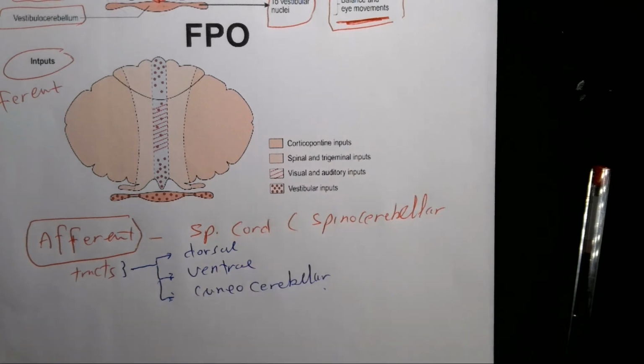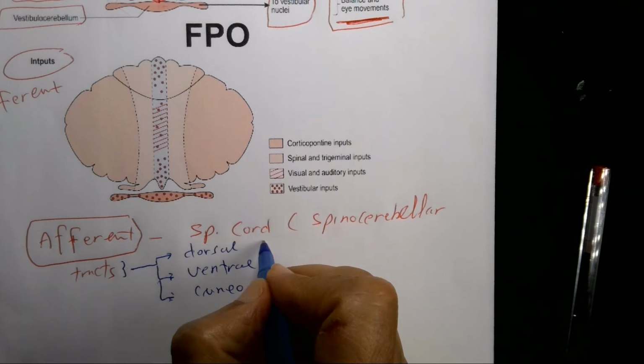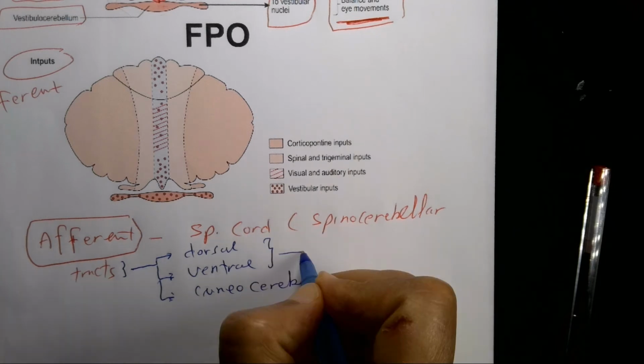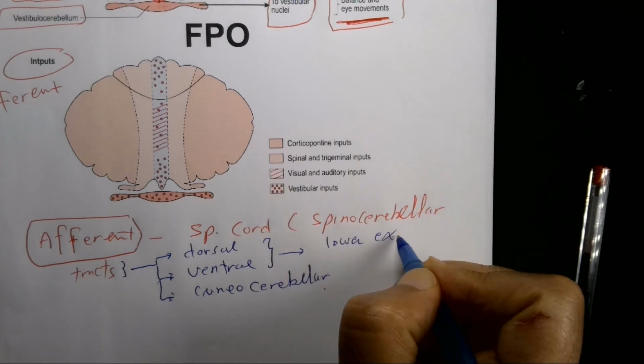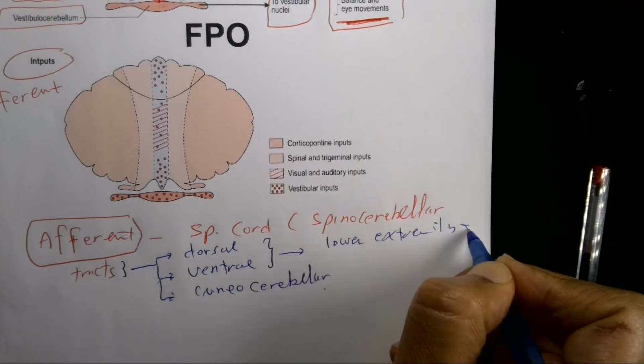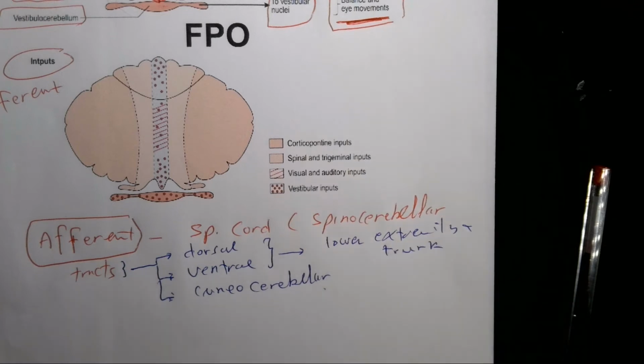The dorsal and the ventral bring information from the lower extremity and the trunk. The ventral is from the lower level, starting from T12 to lumbar 5, and the dorsal from a higher level extending up to C8.